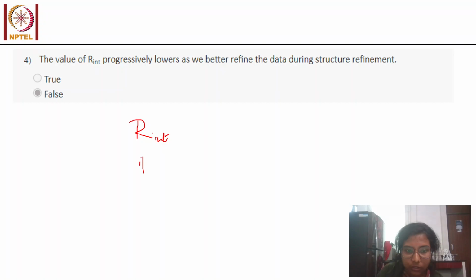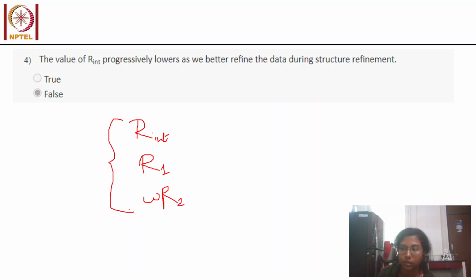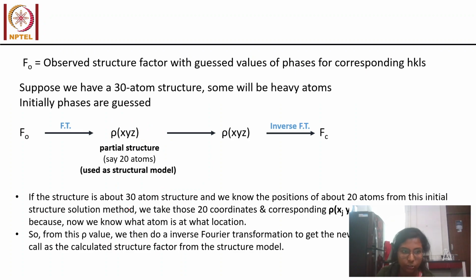The second one is what we commonly call the R factor, R1. Then we have the wR2. These three factors are commonly used when we talk about structure solution and refinement, and how well the refinement is done. So what are these terms actually?